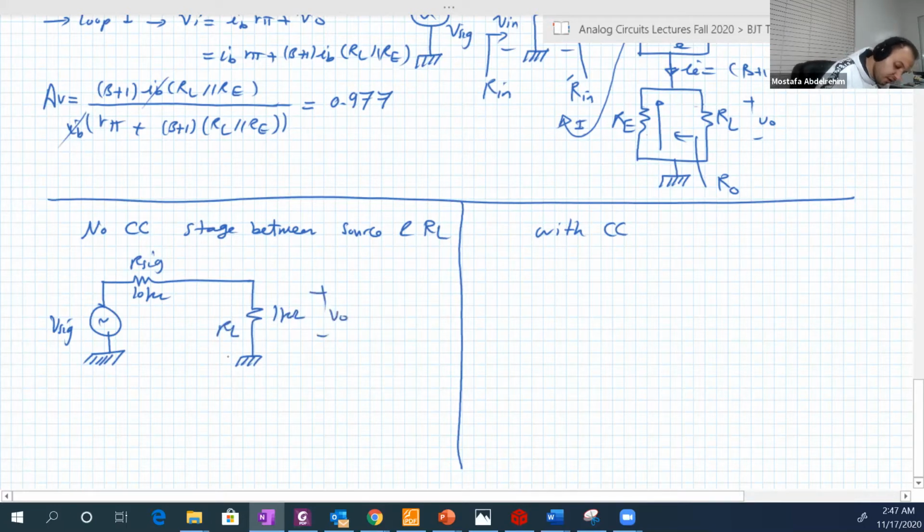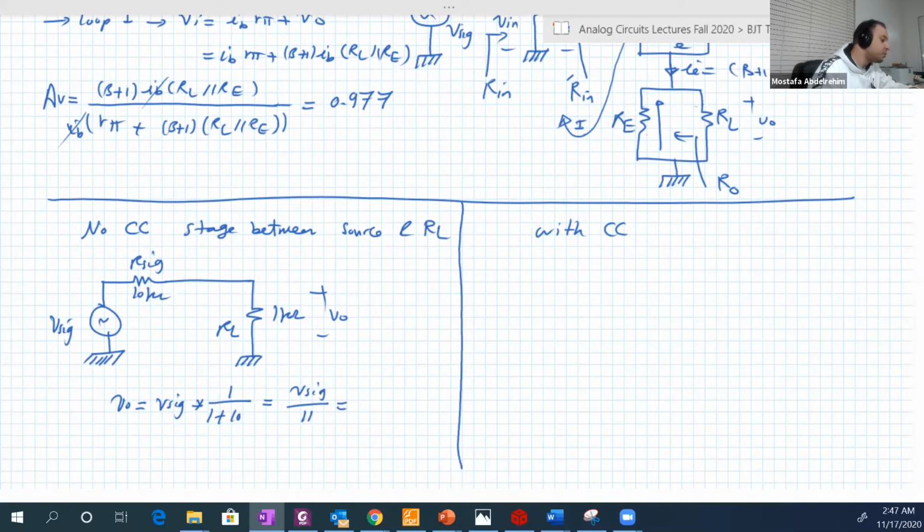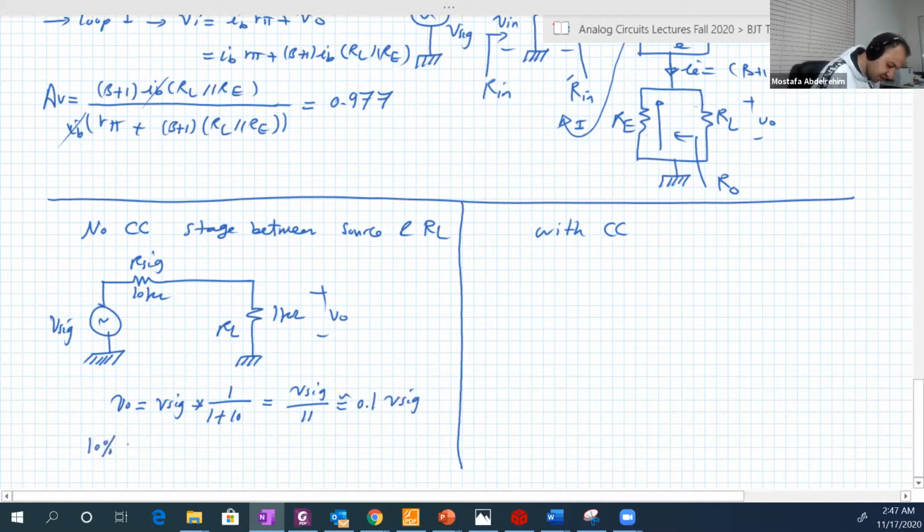So VO here is equal to V signal multiplied by 1 over 1 plus 10, which is V signal over 11, around 0.1 V signal. Only 10% of V signal reaches the load.